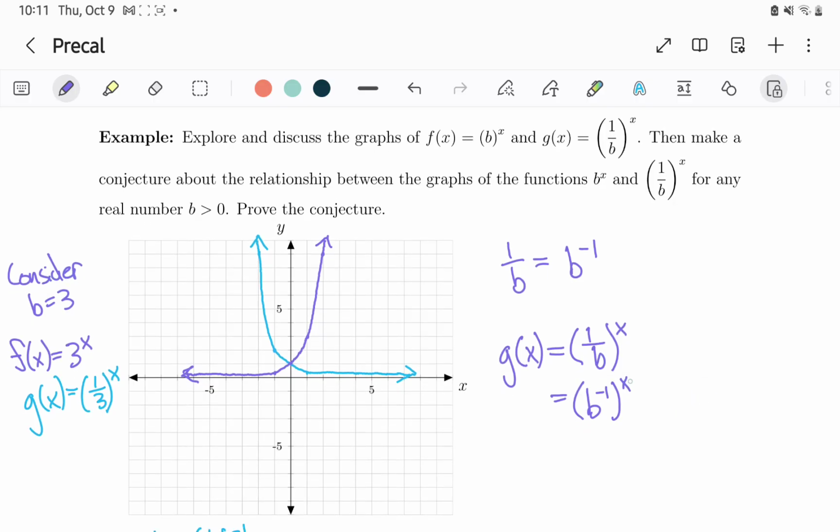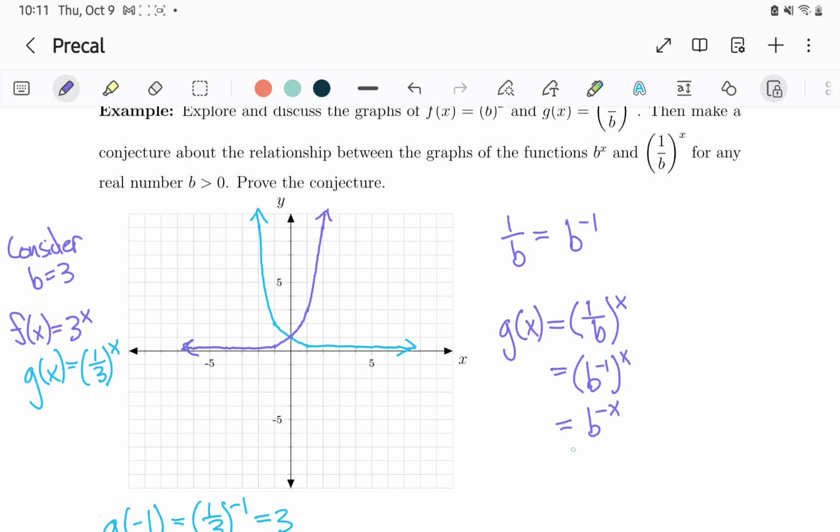But then since we have a power of a power, we can take the product of the powers and say that this is equal to b to the minus x, which, by the way, is equal to f of minus x, which shows that g of x is just a reflection of f of x about the y-axis.